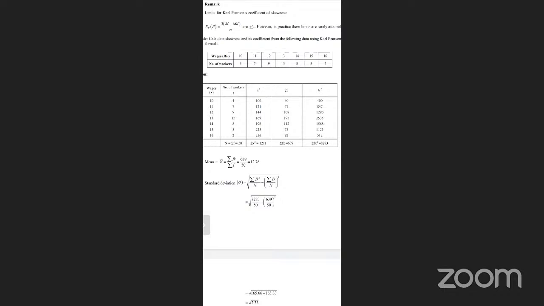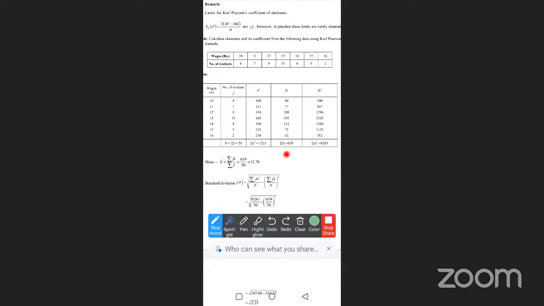So mean is equal to x bar is equal to 1 by n sigma fx. If you calculate fx: 10 into 4 is 40, 11 into 7 is 77, like f into x. Totally sigma fx is equal to 639 by total frequency 50, that is 12.78.